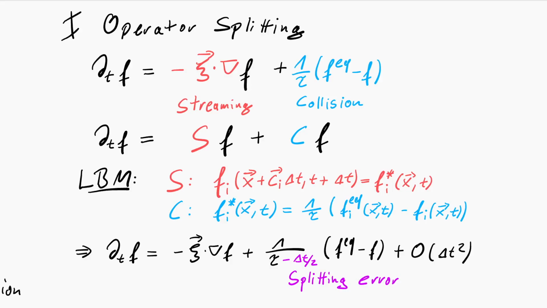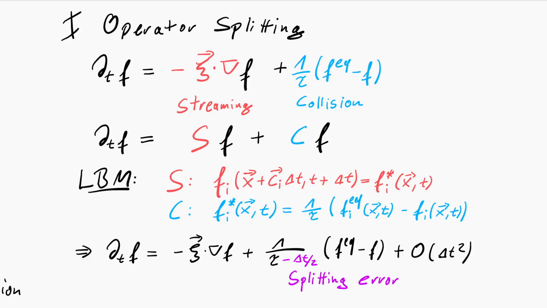And then when we derive from asymptotic analysis or from, say, the Taylor expansion, the equation that we are actually solving, we are only, of course, approximating them. However, we see that we have a significant error term here in this collision operator, apparently, which is the splitting error.